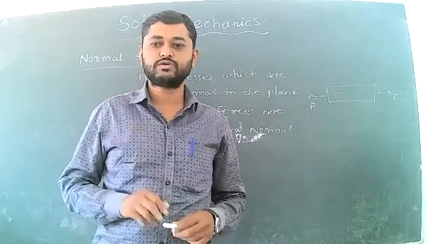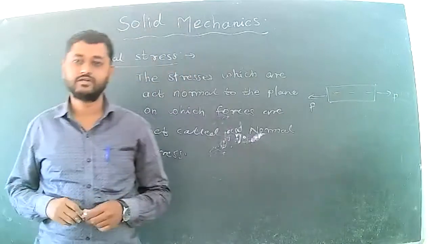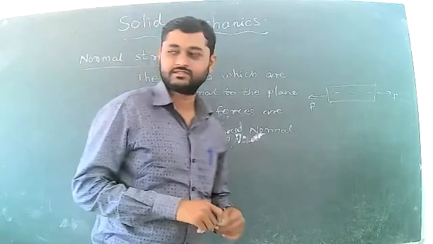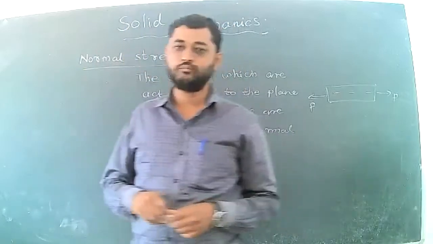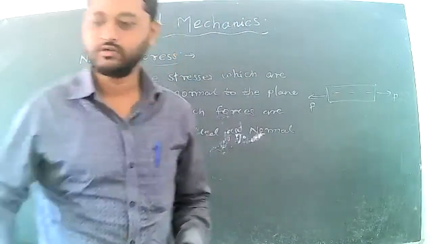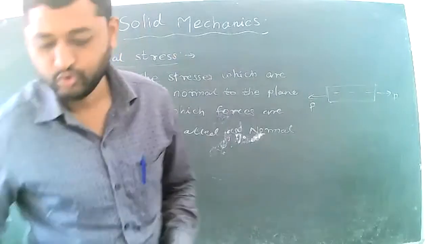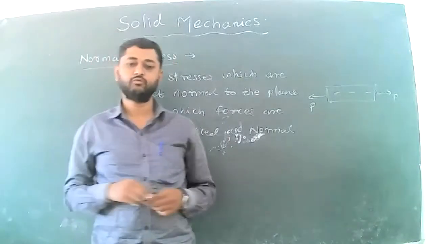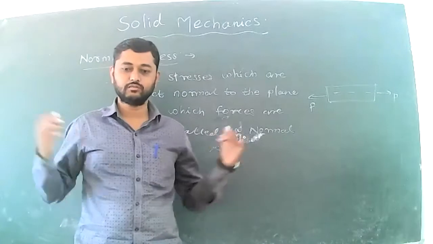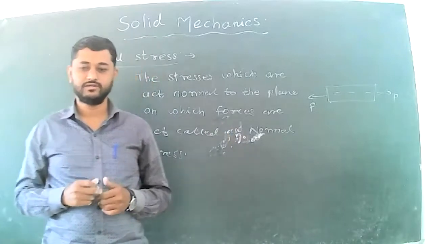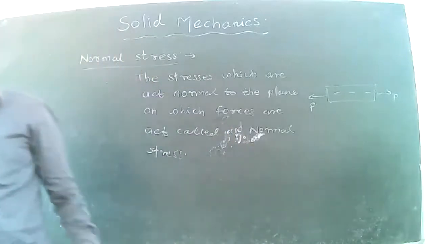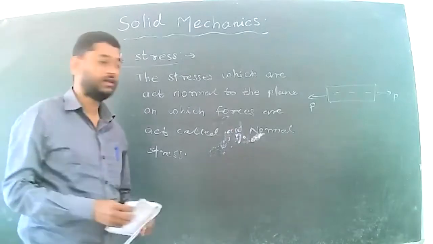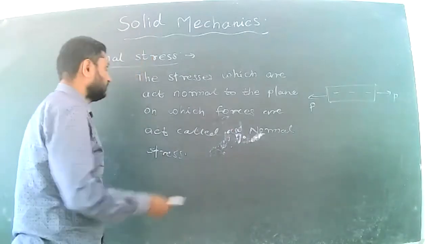Again, there are two types of normal stresses, tensile and compressive. Tensile means, when we apply two equal opposite pulls to any body and it increases the length of the body, it is called tensile stress.